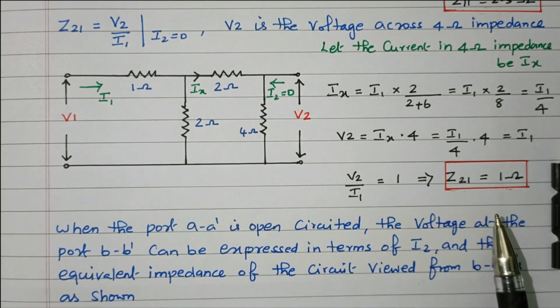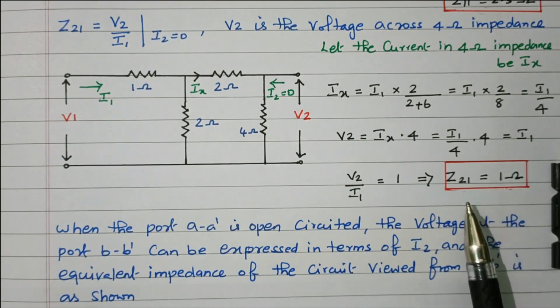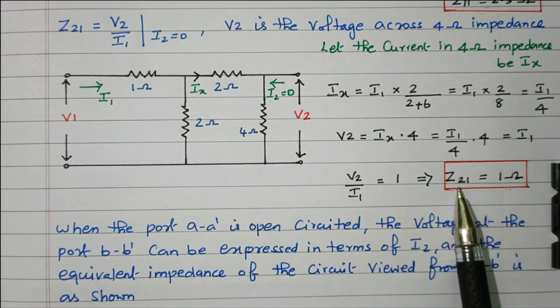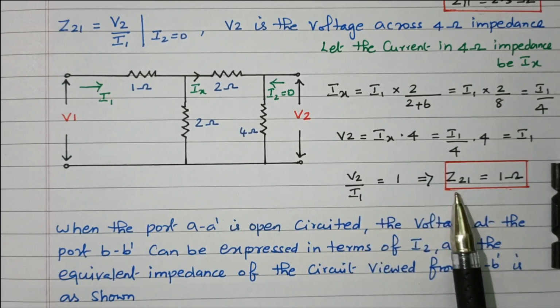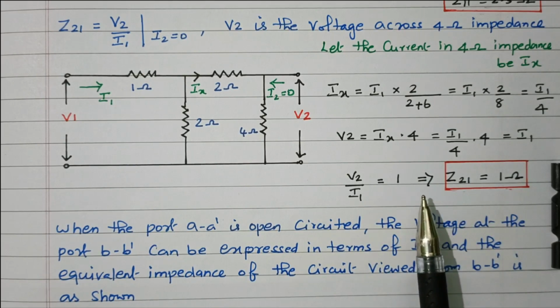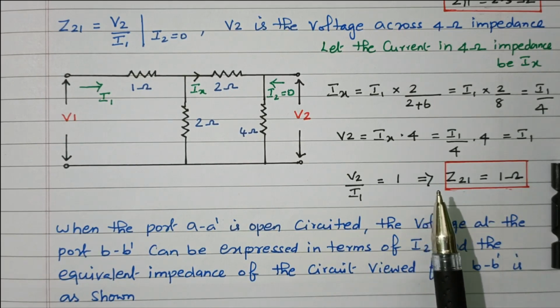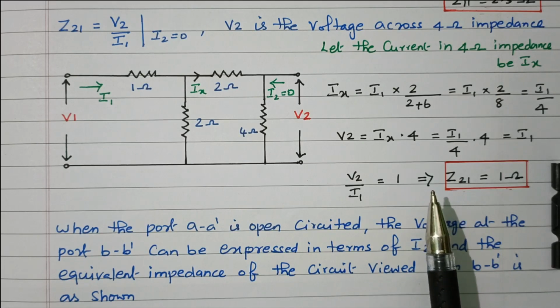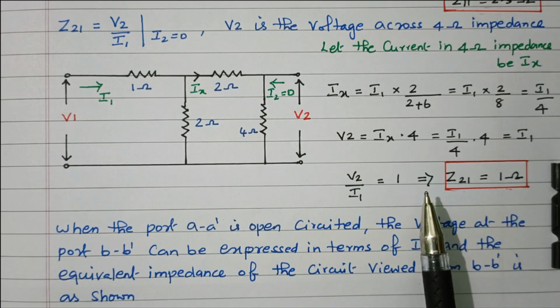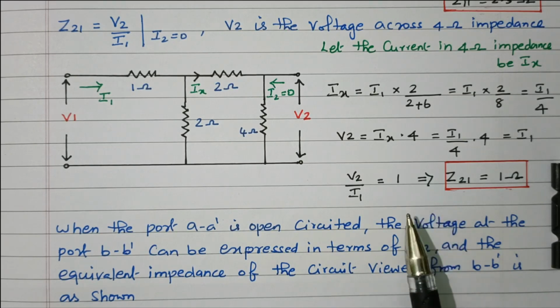Right? By using the current divider rule, the current is calculated, and from the current the impedance is calculated. So one part is over. By keeping the output port open circuited, we calculated Z11, the open circuit input impedance, and Z21, the open circuit forward transfer impedance.